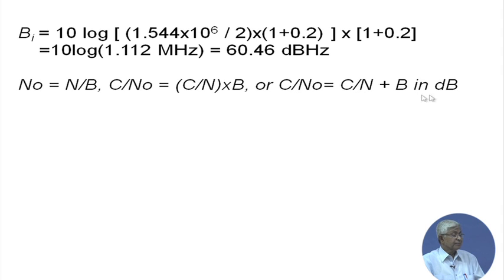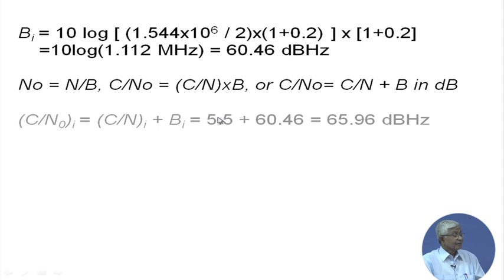This part is in dB, this part is in a ratio. So, C/N0 for the ith carrier, each individual carrier, all carriers are the same, is C/N_i plus the bandwidth B_i. Now, C/N_i is given, if you remember, C/N was given as 5.5 dB and bandwidth we have calculated. So, C/N0 of an individual carrier we have calculated as 65.96 dB-Hz.